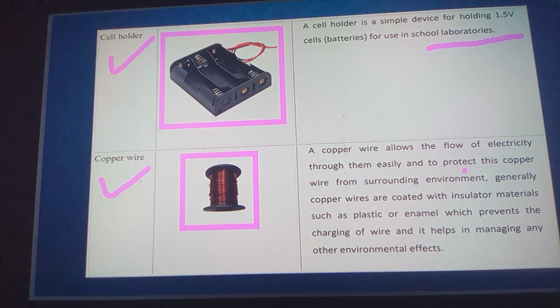To protect this copper wire from the surrounding environment, generally copper wires are coated with insulator materials such as plastic or enamel, which prevents the charging of the wire and helps in managing any other environmental effects. So this is a very important device.